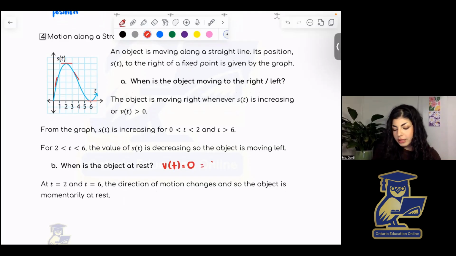And again, this was s prime of t. And so at time equals 2 and time equals 6, we say that because we have that change in the direction of the motion, then the object is momentarily at rest. And keep in mind, the derivative was instantaneous rate of change anyway, so it's a very small and brief moment, but nonetheless, we do have that the object is at rest for that slight moment when we are changing direction.